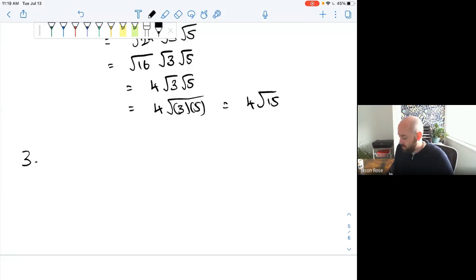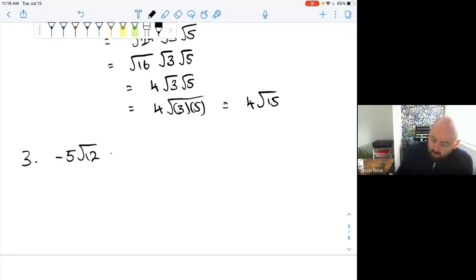Okay, so some more simplification. Let's say we're looking at minus 5 times root 12 minus the square root of 32. What would I do here? My first thought is that I would like to remove any square factors and see what those base square root terms are and see if there's anything that we can do.